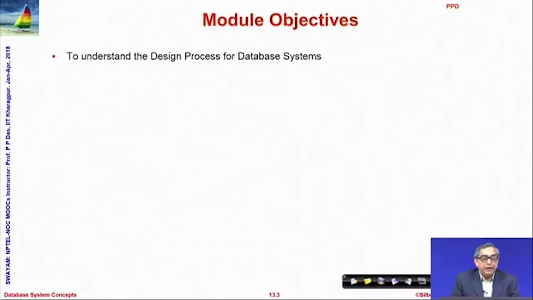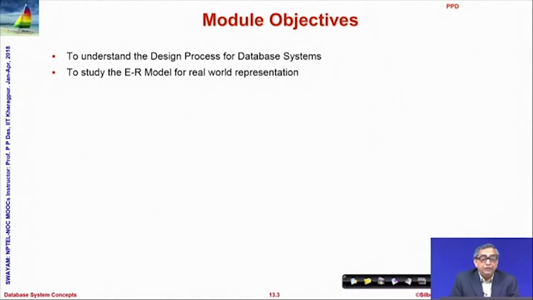In this module, we will try to understand the design process for database systems, because so far, whatever we have done, we have assumed that the schema is known to us, that some instance is given to us, and then we have tried to extract different query information from the relation. But now, we will look into how we model the real world and actually get into the design process.